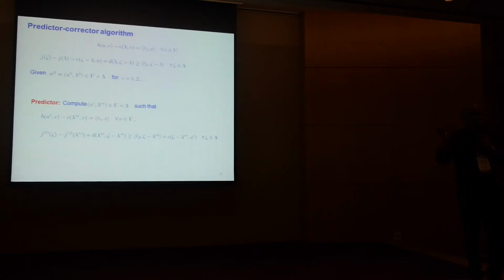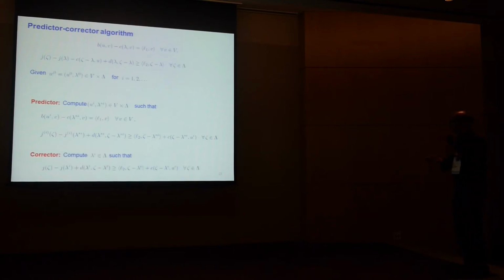I'm going to throw it away eventually. And I'm going to compute these, which solve this problem. So there's my equation, and I'm replacing my non-differentiable j by an approximation which is differentiable. So this here I could, in fact, have written as the Gateaux derivative of j. So I've got a pair of equations, easy to solve.